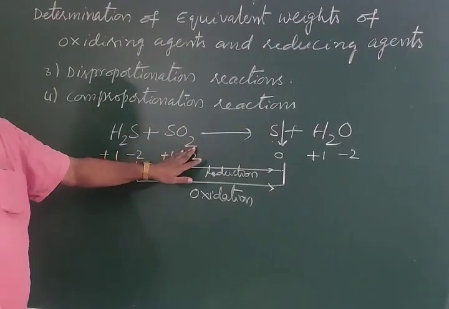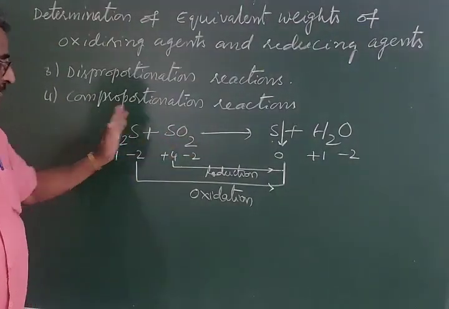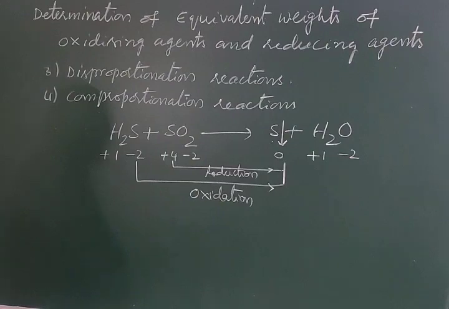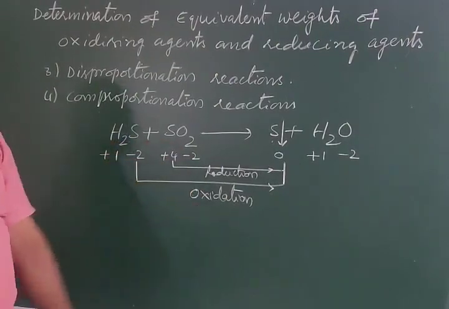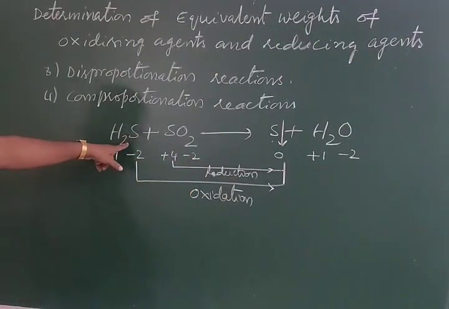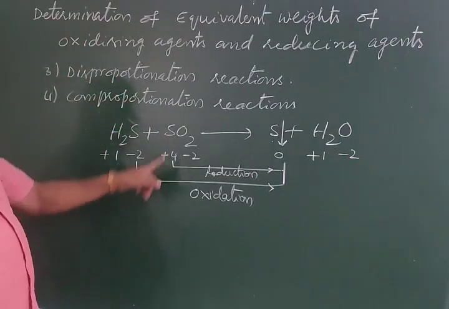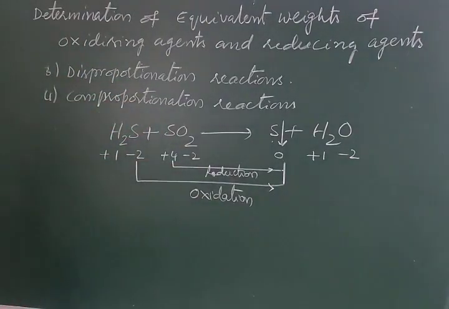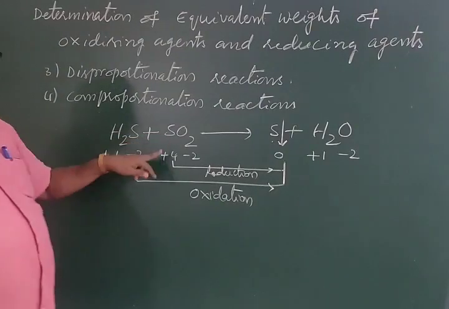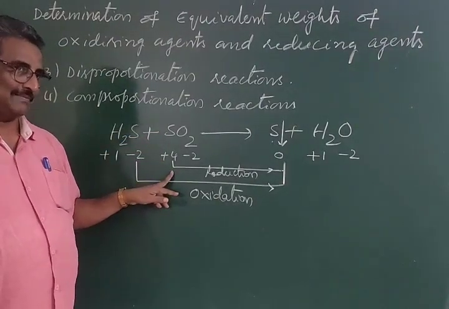In both the substances, sulfur is acting as an oxidizing agent and a reducing agent, but the sulfur does not belong to the same compound. Sulfur of one compound is undergoing oxidation and sulfur of another compound is undergoing reduction.